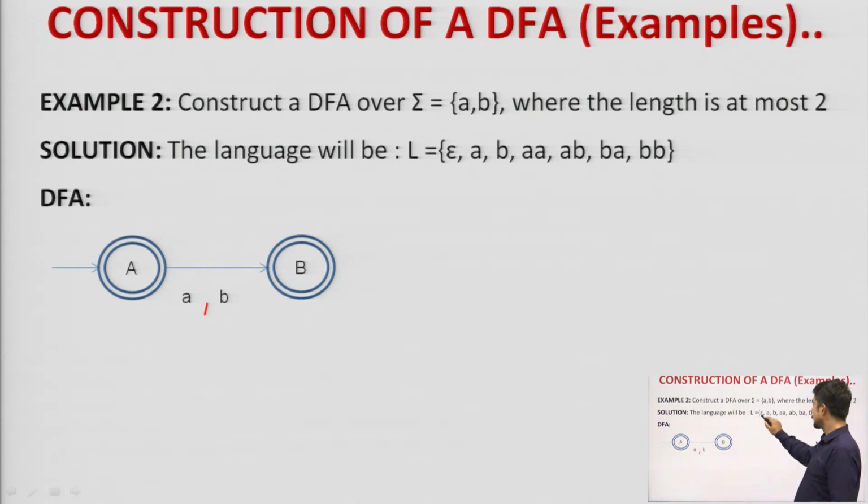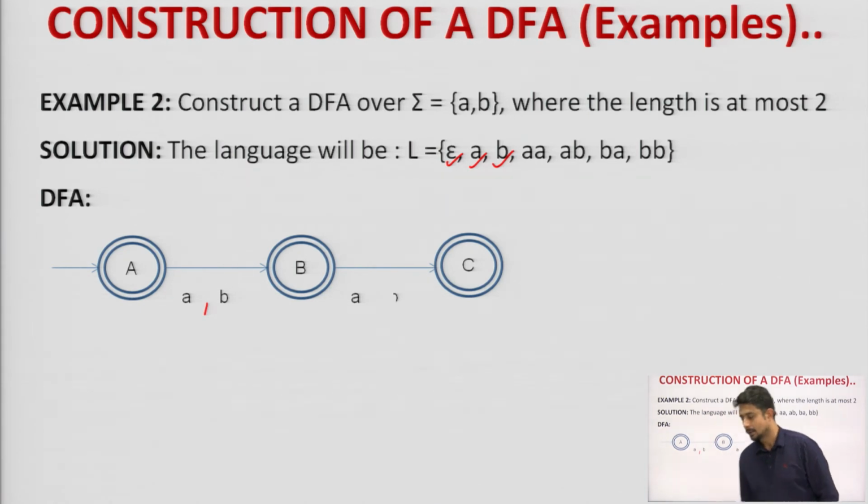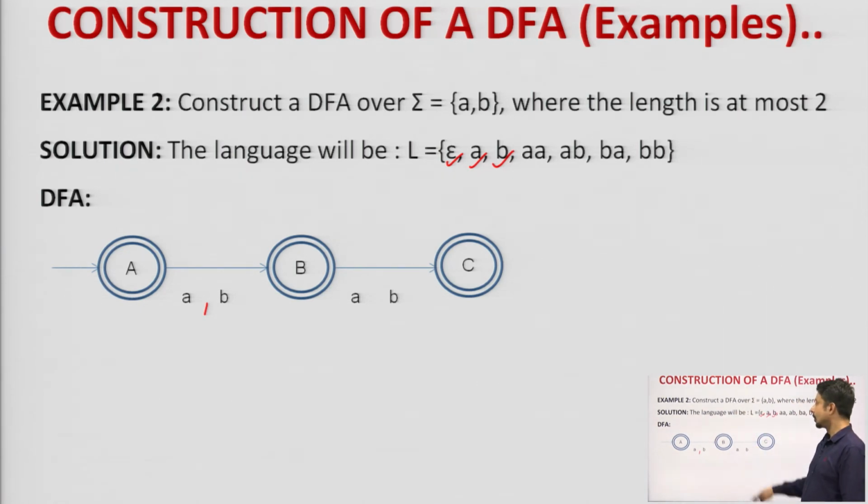Clear? So, I got epsilon, I got A, I got B. Now, for AA, AB, BA, BB, you have already done this in the previous example. So, what I have to do? I have to take one more state, and that state is already a final state, correct? So, the transition will be to state C, got it? So, this is how you get AA and BA, clear?